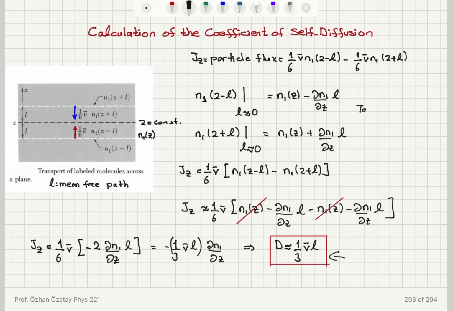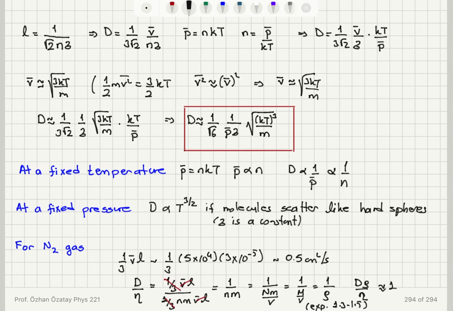Okay, so since the mean free path is a small number, we can estimate these concentrations using Taylor's expansion. So this is Taylor series, and you can see that if we do so, we find that the coefficient of self-diffusion is 1 over 3 v bar L, the mean speed per particle times the mean free path. And we substitute for the mean free path 1 over square root 2 times number density times total scattering cross section sigma, and we can substitute for n as p bar over kT using the ideal gas law.